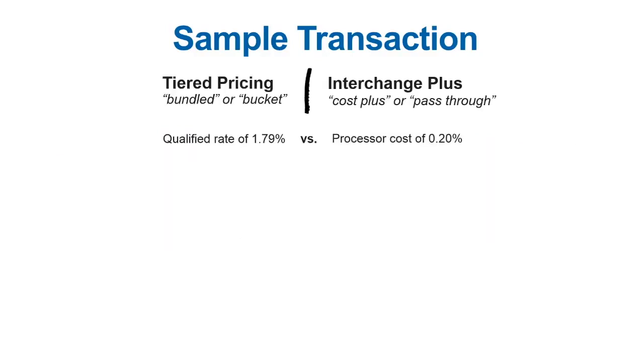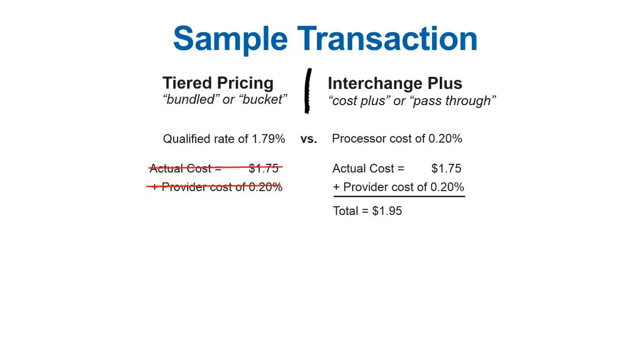For the Interchange Plus pricing model, you have a 20 basis point provider cost added to the $1.75 actual cost, bringing the total to $1.95. For the tier-based pricing model, you have that same base cost of $1.75, but to get the total cost, you simply multiply the $100 times the 1.79% rate assigned to that tier level to get the $1.79 total cost.